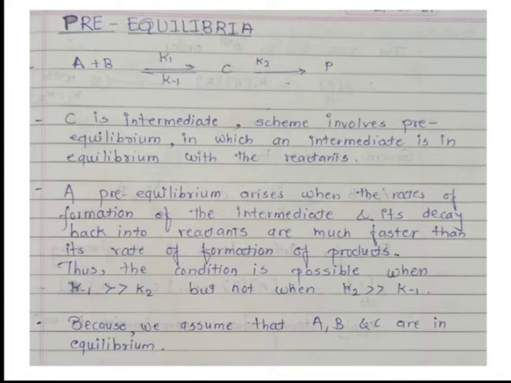It means the forward and reverse steps are very fast compared to the third step, C gives product.